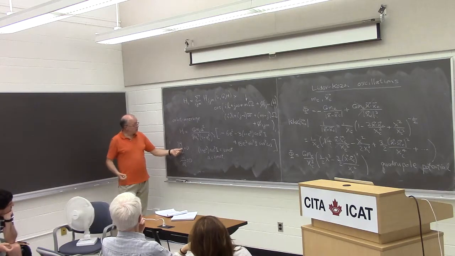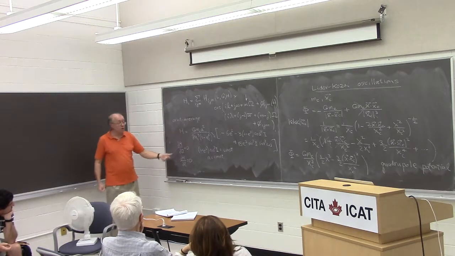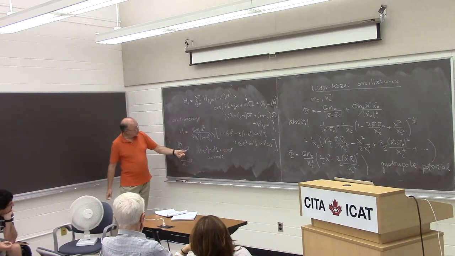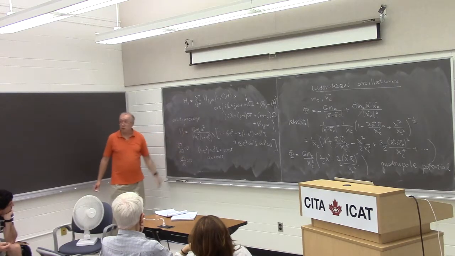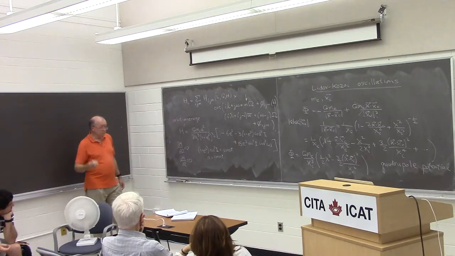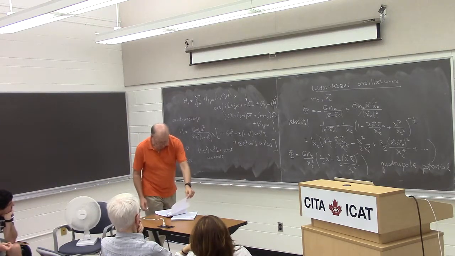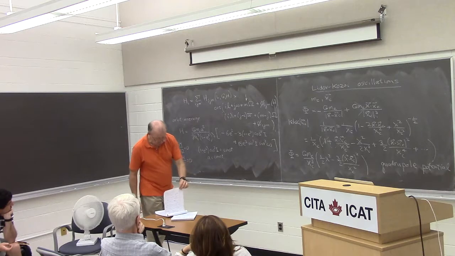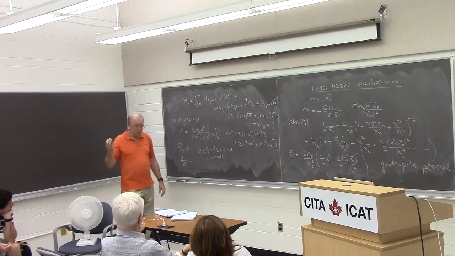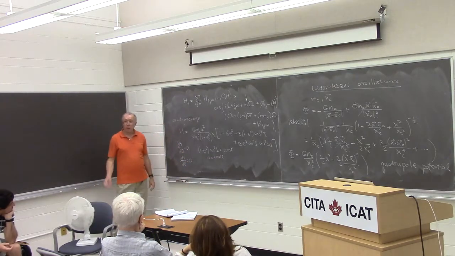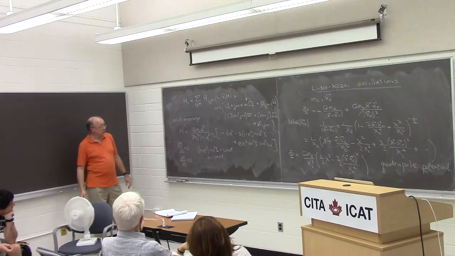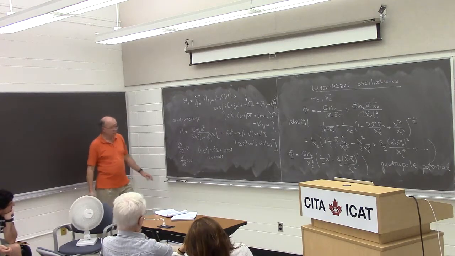But again, this is an accidental feature of the quadrupole potential that at this order it does turn out to be axisymmetric. If you included higher orders, you would lose the axisymmetry. You would get more complicated behavior, on which a number of people here have worked.